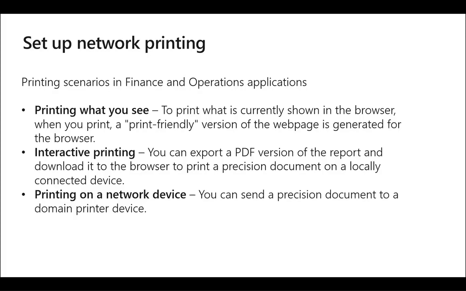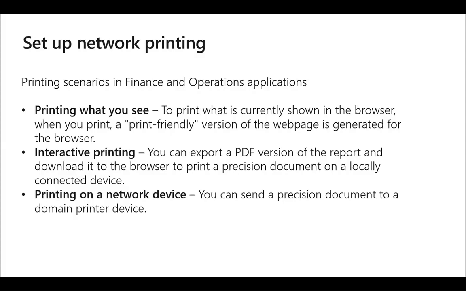By using a dedicated host and following a few easy steps, system administrators can configure deployments so that users can print directly from business applications on a network service device.